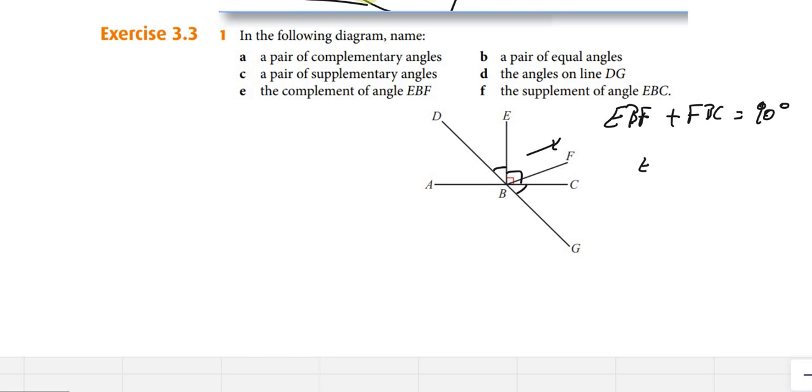So EBD has to be equal to CBG. Okay, continue with the rest of the exercise.